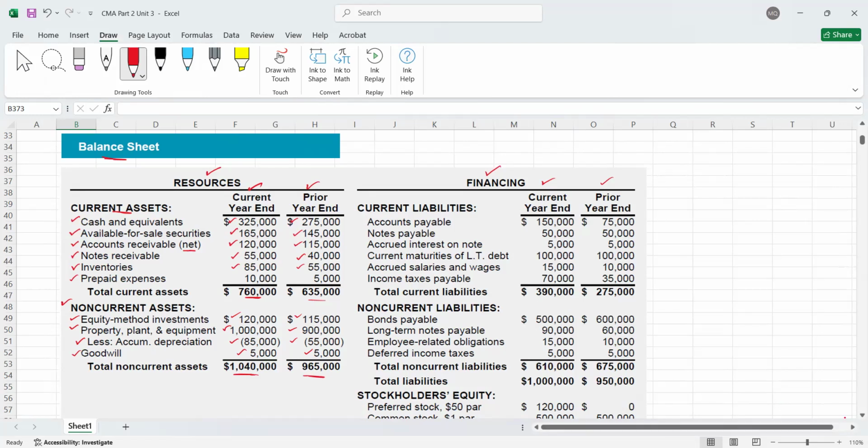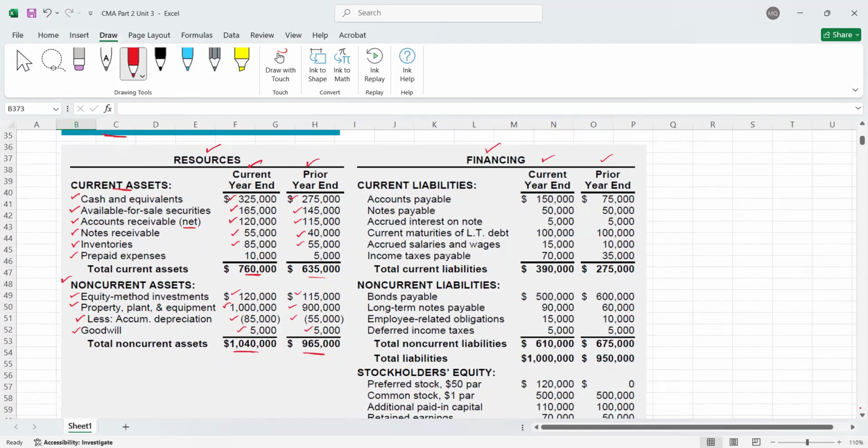On the other side, we have the liability side. First we have current liabilities: accounts payable, notes payable, accrued interest on notes payable, current maturities of long-term debt, accrued salaries and wages, and income tax payable.